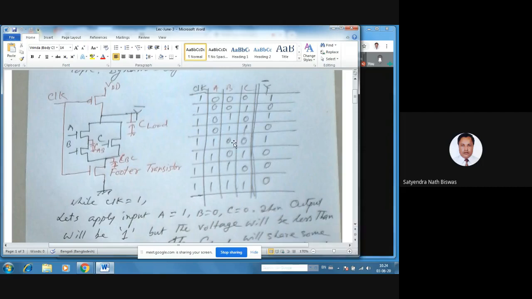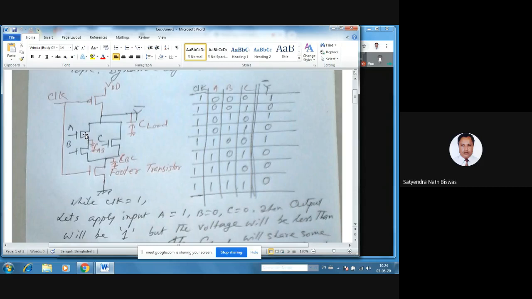At this time, the output is 1, and Y bar will be 1 because the capacitor is fully charged. But the input A is 1, so that means transistor A is on.